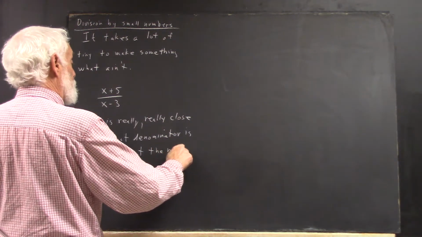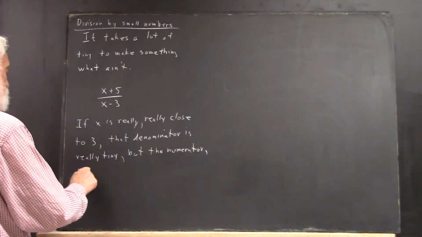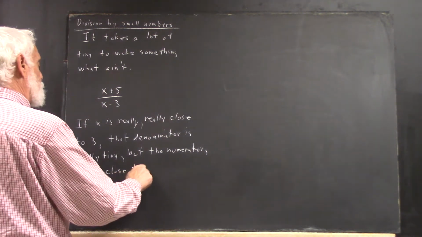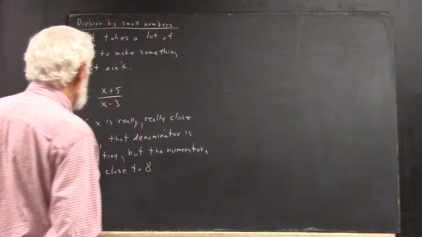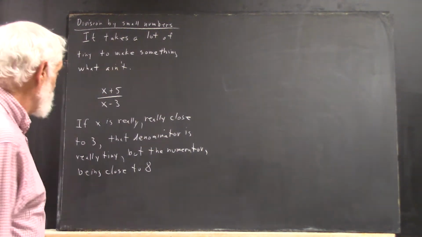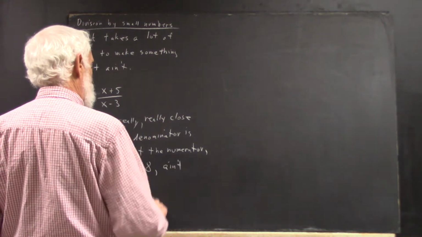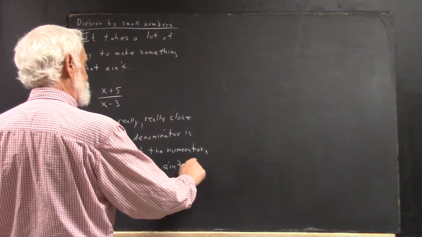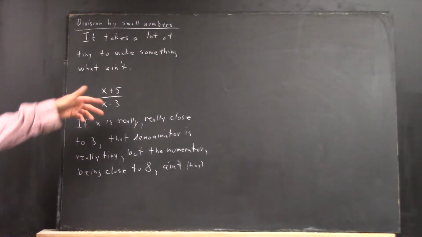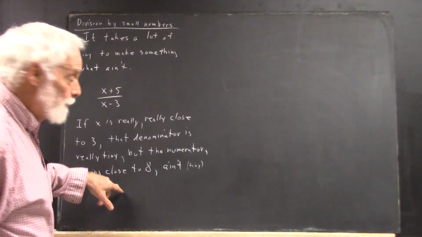But the numerator, being close to 8, because if x is close to 3, x plus 5 is close to 8. That means ain't tiny, but we've already established that tiny is the word that things are modifying here.